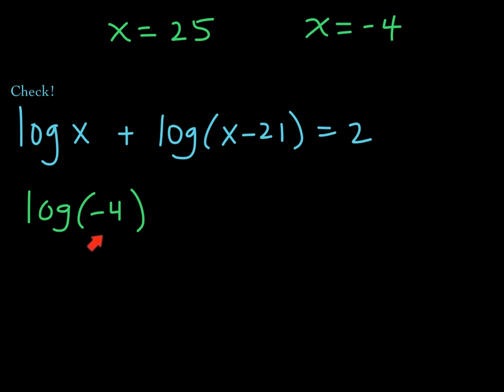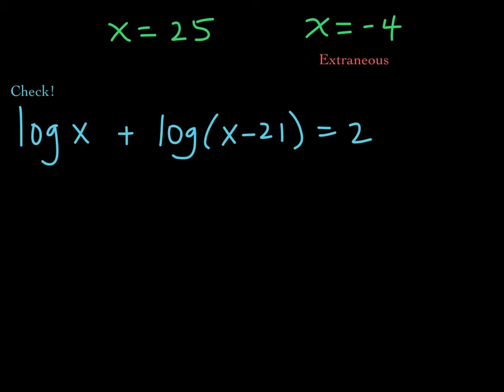When you plug in -4 here, and right here as well, the argument becomes negative, and so this would be undefined. So this does not work. As we learned in an earlier lesson, x equal to -4 is called an extraneous solution. It satisfies the manipulated equation, but not the original.